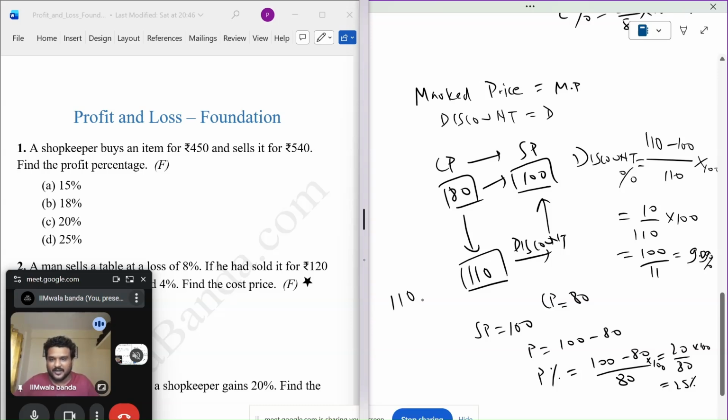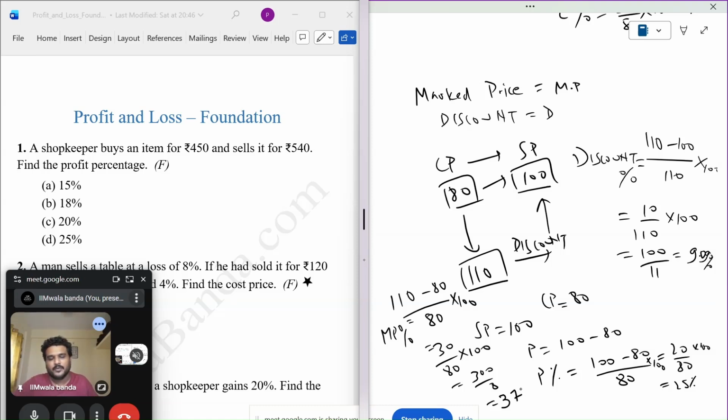You marked it up at 110 while the base price was 80, and the base price, you always take the base price to see the increase. So you will divide by 80. So in this case, you have marked it up by 30 rupees on a base price of 80, and this becomes 300 upon 8, which is 37.5%. So 37.5% is the marked up price.